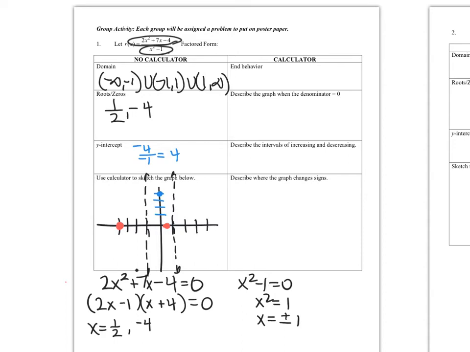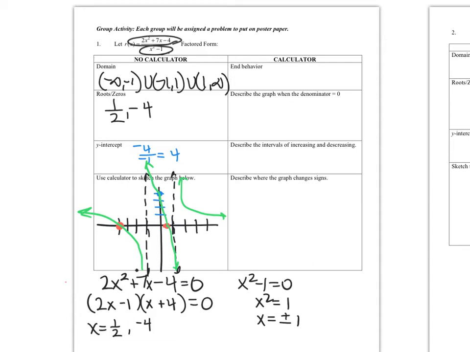So what your graph actually looks like, I'll do it in green here, goes up and approaches your asymptote there. This is up here, and this one is right there, okay?